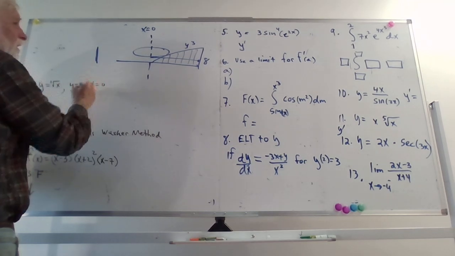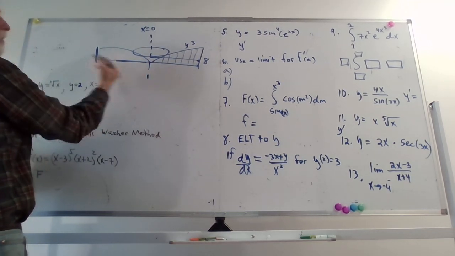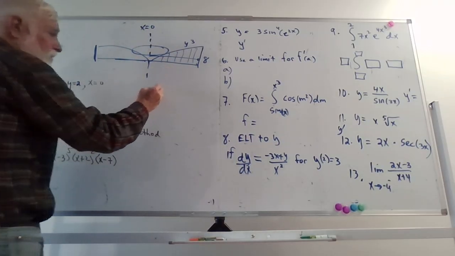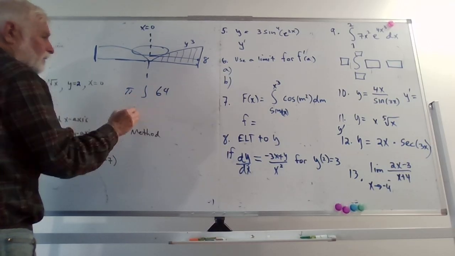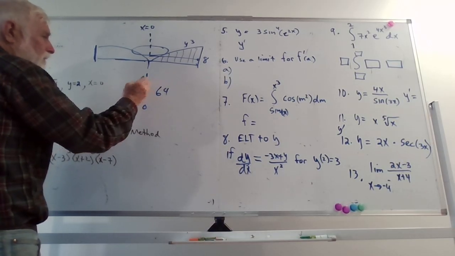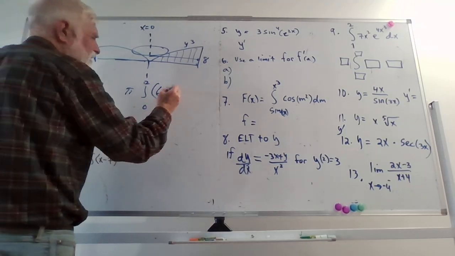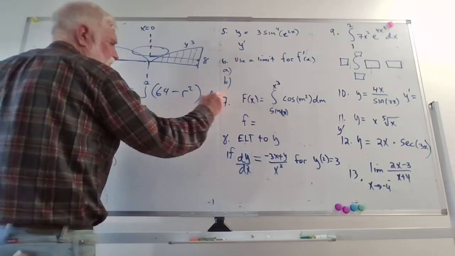That's going to show up over here, and I'm going to get something that looks like this on this side. All right, so I got a big R, which is 64 when I square it, and I got a pi here, and I'm going to go from 0 to 2. That doesn't change. But I got to get my little r squared, and I got to get that out of here. And of course, it's going to be in terms of y.